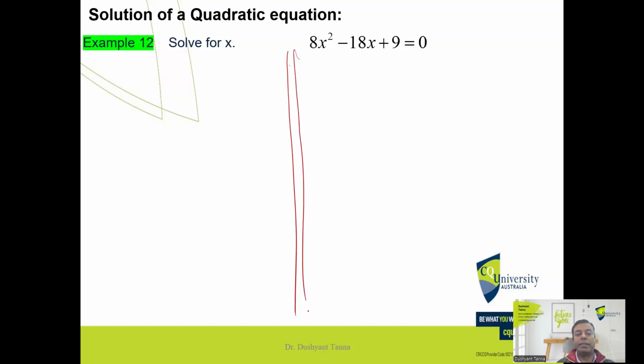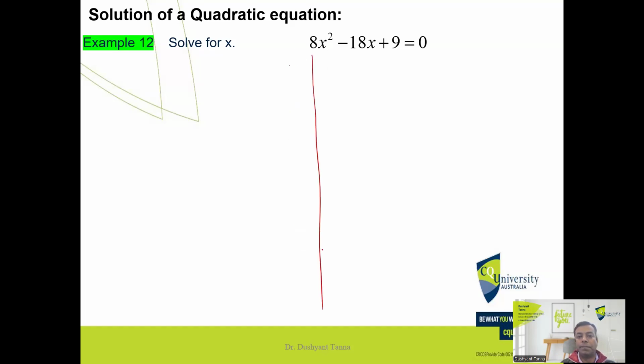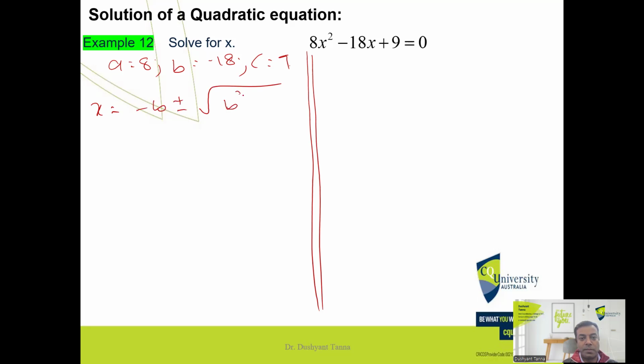Again, I'll do two methods. You don't have to do two ways. I'll do it two ways. a is 8, b is 18, c is 9. Let's write the formula: minus b plus or minus the square root of b squared minus 4ac over 2a.